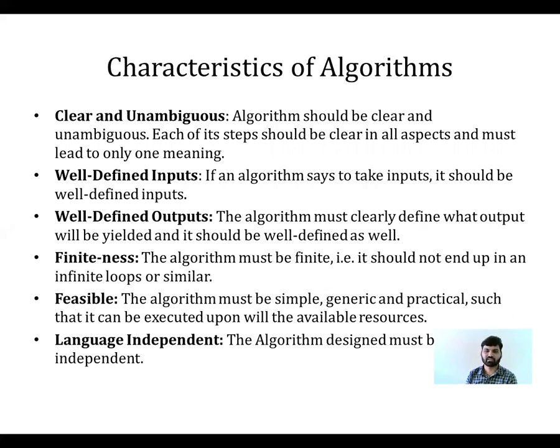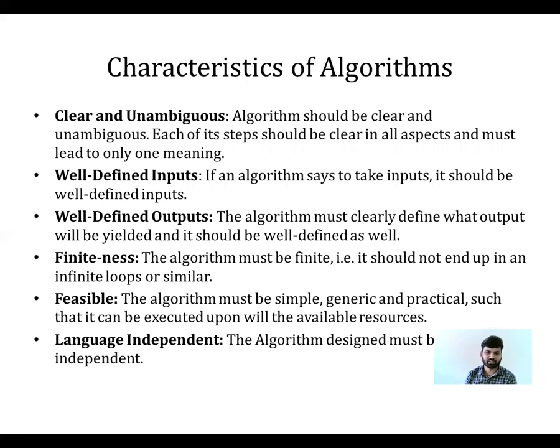If an algorithm says to take input, it should be well-defined input. All the inputs we are going to give in the algorithm should be well-defined. We should understand those inputs. Then well-defined outputs. We have to first decide which output we are going to generate by using various types of inputs.